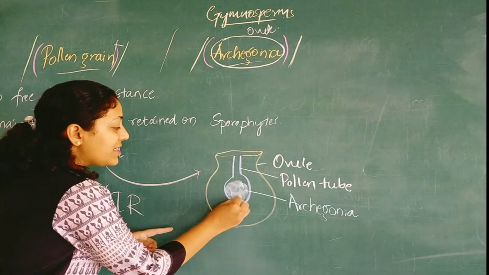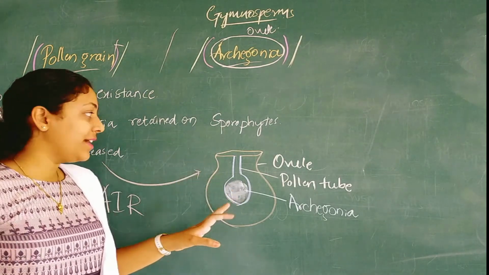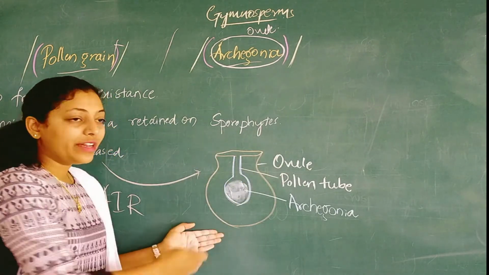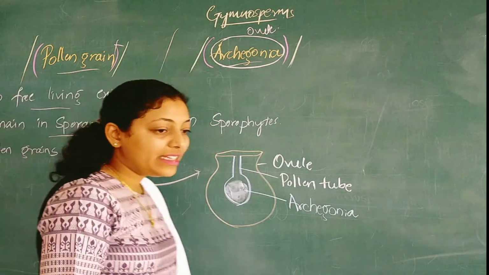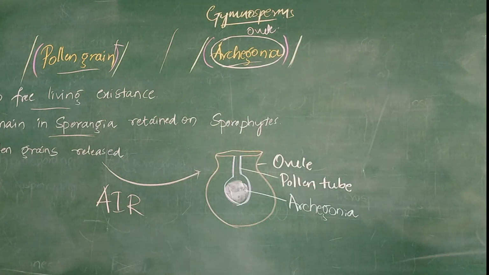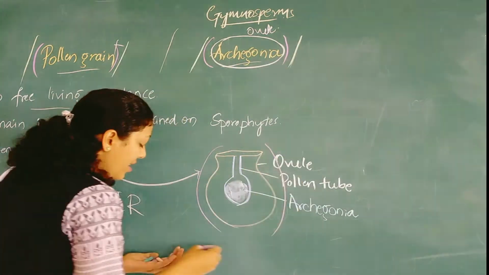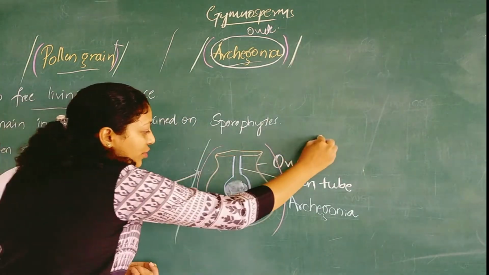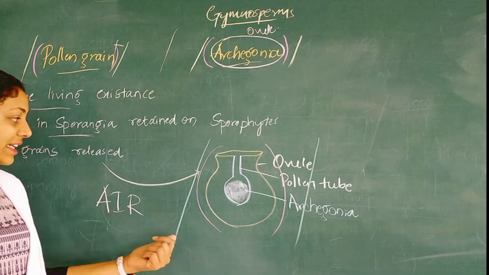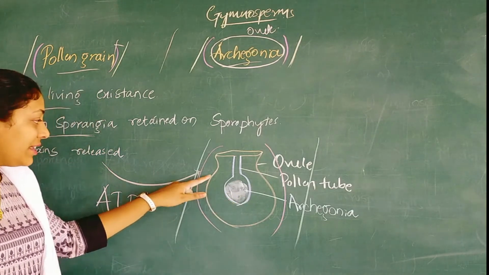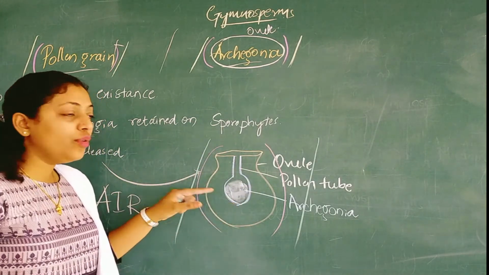This is the Archegonia which we see inside. This Archegonia is covered by a protective covering called the ovule. This in turn consists of macrosporangia attached on the macrosporophyll. Is it clear? So these are Archegonia, and these are confined into the ovule.